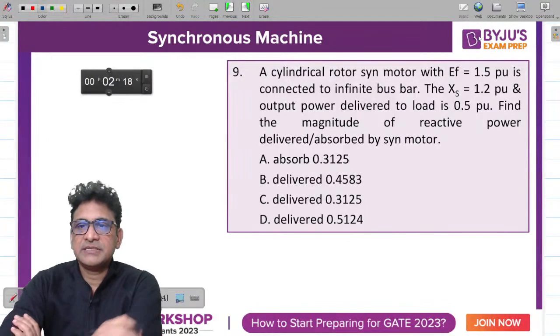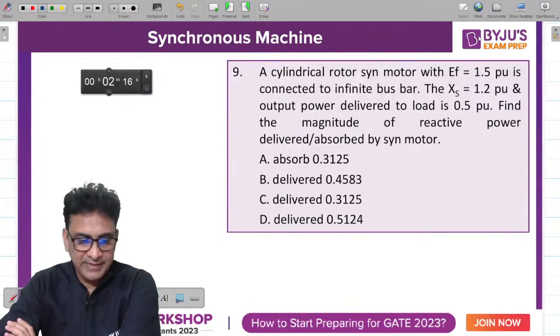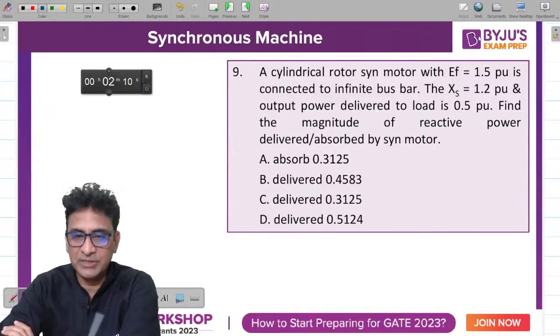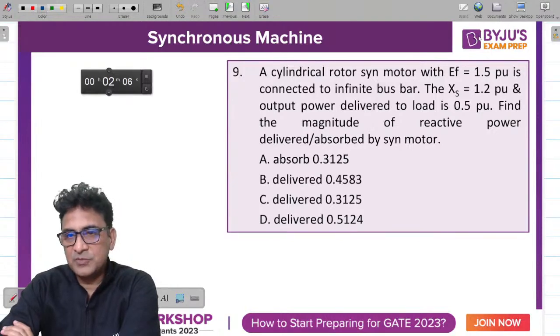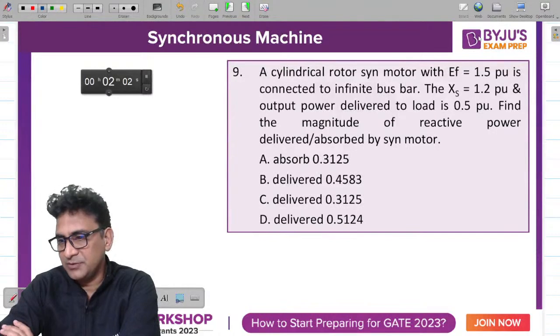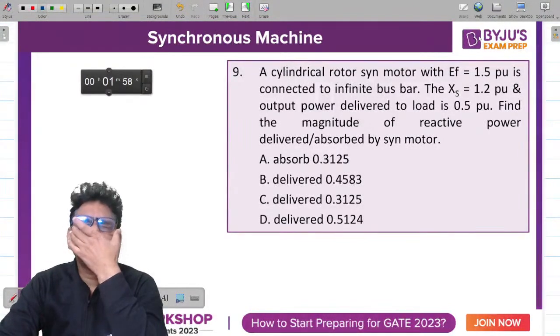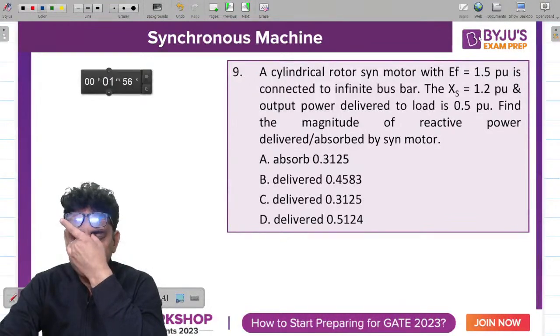Sorry, it is a synchronous motor, not an alternator. So how much reactive power is delivered or absorbed by the synchronous motor? See, what is the difference between the induction motor and the synchronous motor?